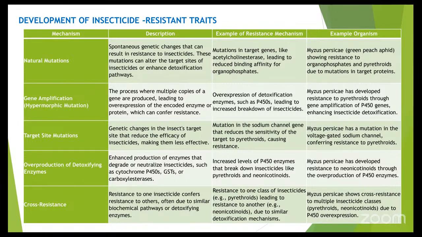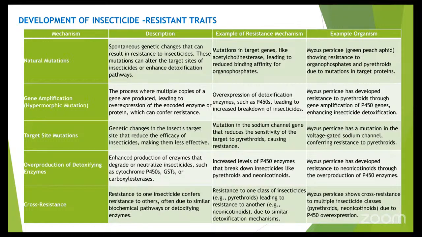Other than natural mutations and gene amplification, a target site mutation can also develop insecticide resistance. These are genetic changes in the insect's target site that reduce the efficacy of insecticides, making them less effective. Example, a mutation in the sodium channel gene. What will happen if there is a mutation in the sodium channel gene?